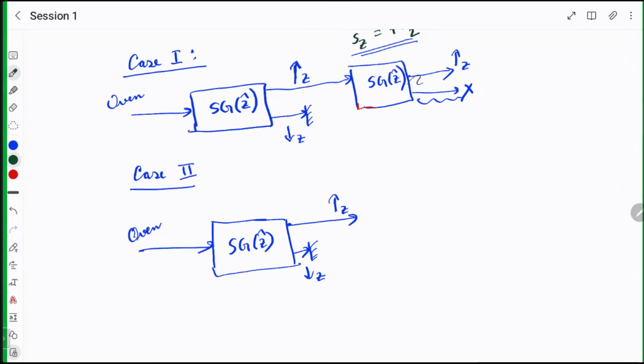And instead of putting another Stern-Gerlach apparatus oriented along the z direction, what we would like to do now is put a Stern-Gerlach apparatus oriented along the x direction.